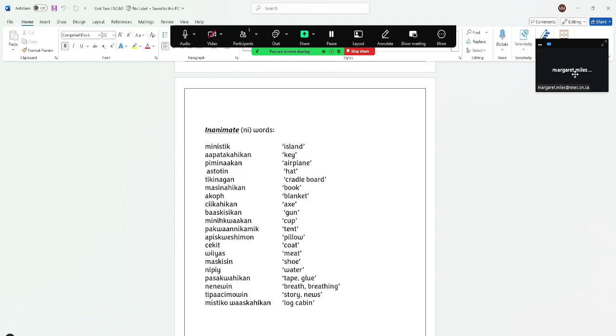So together they are called inflections of the word.